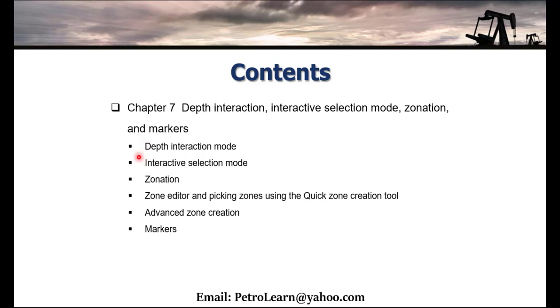Behaving interactively means that, for example, we select an area in the cross plot and see the reflection of that selection in other plots. Also, among the other things that we are going to learn about in this section are the tools used for zonation and the marker tool.